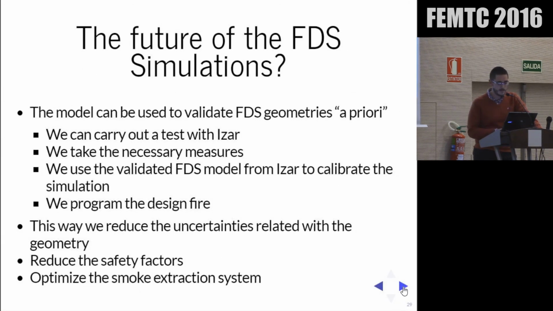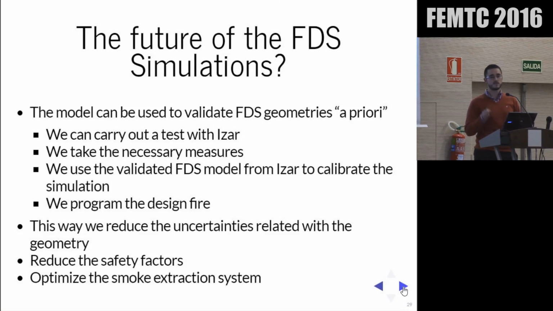And just the last thing, that could be the future of FDS simulation. That's too optimistic, don't take it too strongly, but we think it could be possible to validate the FDS geometries a priori. If we have a premise like a tunnel or a big mall, and a new use is planned, and we don't know if the ventilation system will work, we may carry out a test and take the measurements.